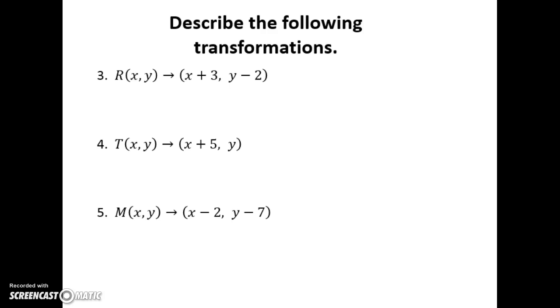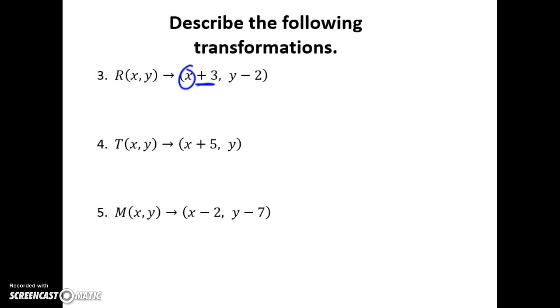Okay, so another thing we'll do is say you have a transformation and we want to describe it. And so when we describe it, we want to describe if it's a translation, a reflection, or a rotation. And right now all we know is translations. So these will definitely be translations. But as you can see, this is plus 3, and it's also with the x.